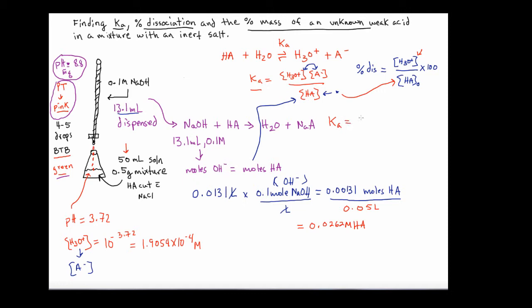All right, so now we can find the Ka of the weak acid with the information that we have. So the Ka is going to equal 1.9054 times 10 to the minus fourth, and this quantity is squared because it's going to be the molarity of the H3O plus times the molarity of the A minus.